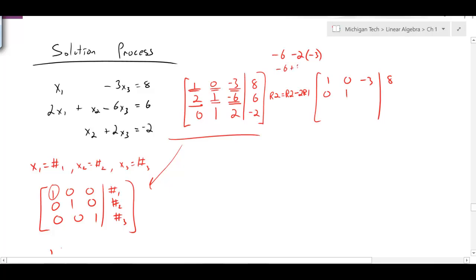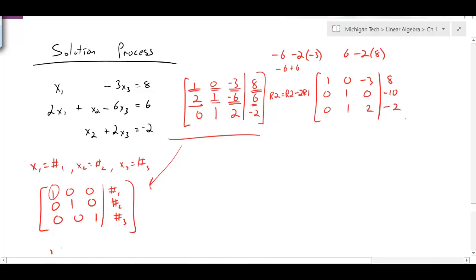So I have negative 6 plus 6. When I add those together, I get 0. This last one, I get 6 minus 2 times 8. So I have minus 2 times 8. That would be minus 16. 6 minus 16 is a negative 10. And I'm not changing my third row values at all.